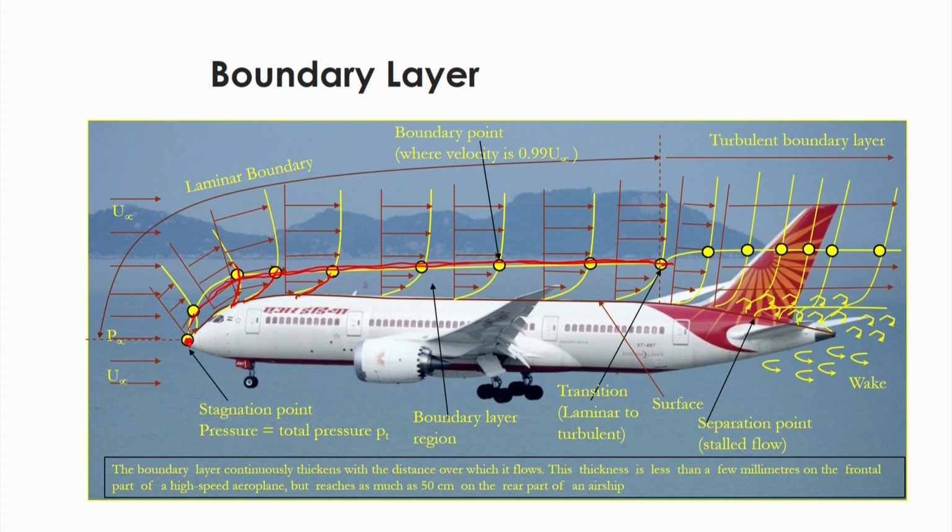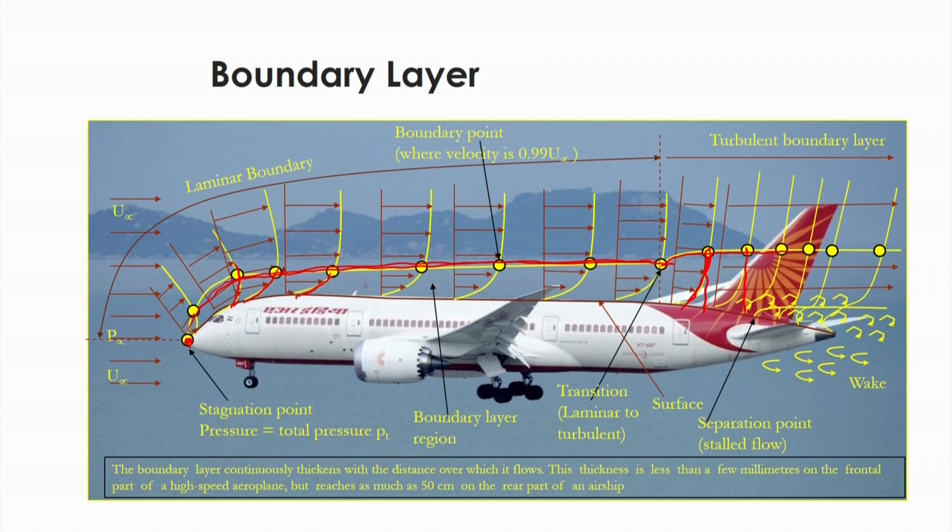In that case, to get 99% of the free stream velocity, you have to reach beyond the distance obtained in laminar flow. So, the boundary layer thickness will be more than the laminar flow boundary layer thickness.